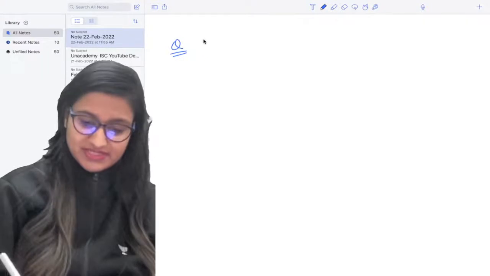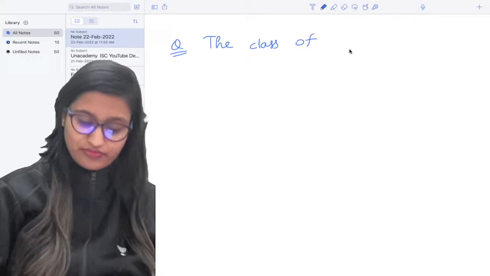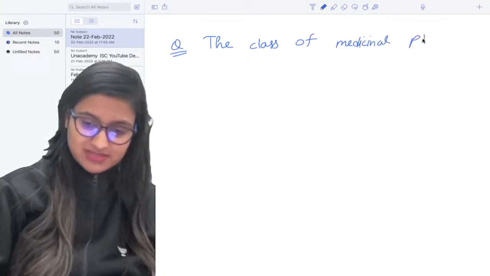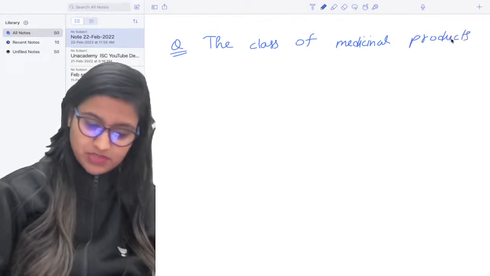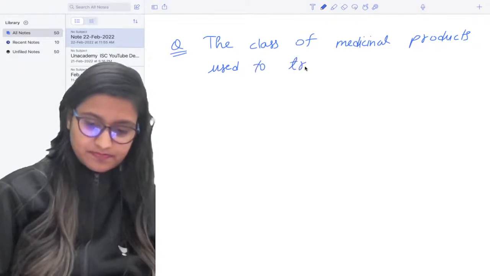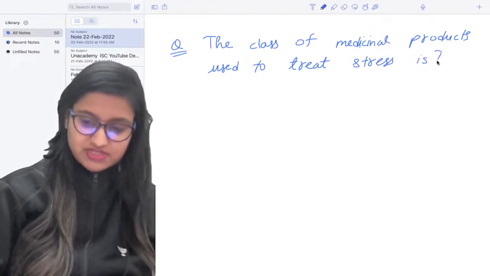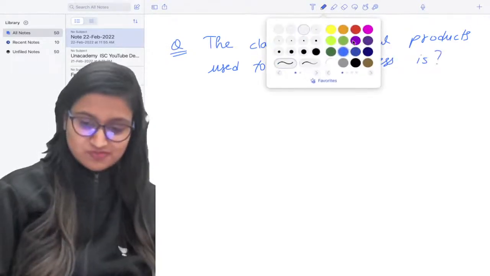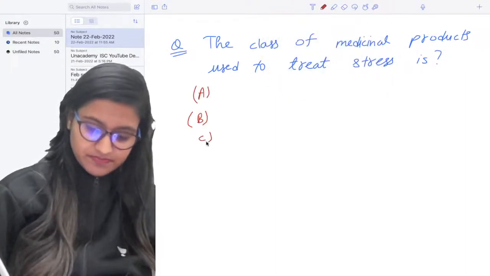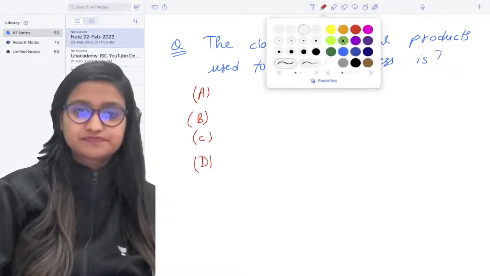The class of medicinal products used to treat stress. Let me give you 4 options.